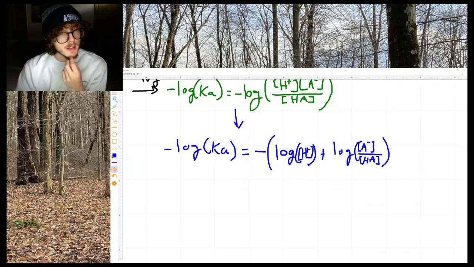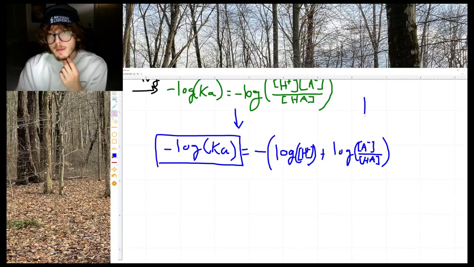So now that we have found this, let me now just distribute the negative in. And while we do the step where we distribute the negative in, let's simplify this side. Negative log of Ka. Well, we know that p of X, like pH, pKa, anything pX is going to be the negative log of that thing in question.